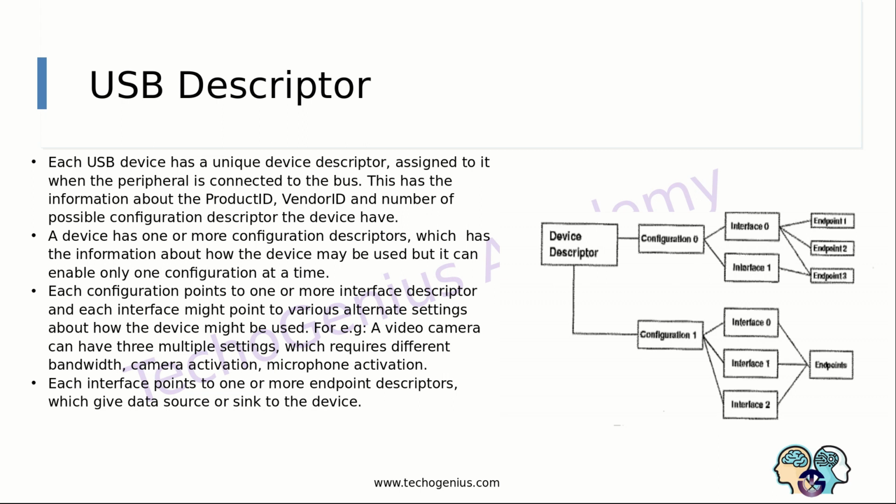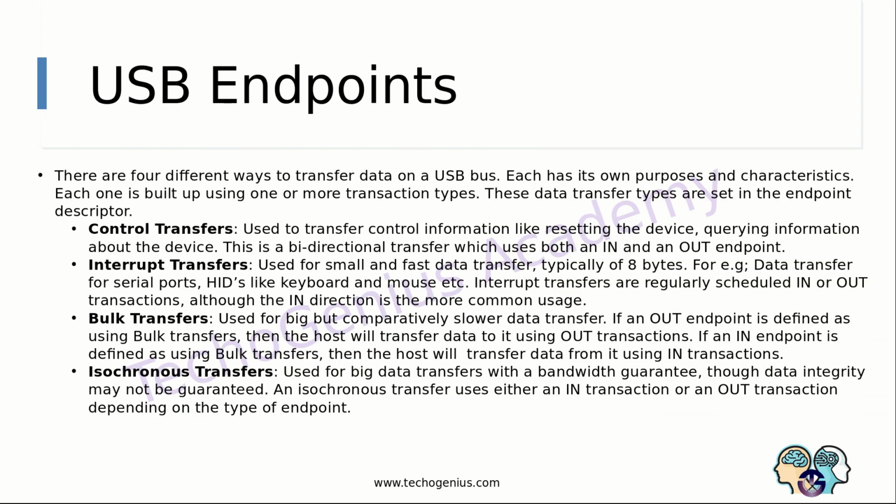To understand the endpoints, basically how your USB device will communicate and how it will transfer the data: in USB endpoints there are four different ways to transfer data on the USB bus.